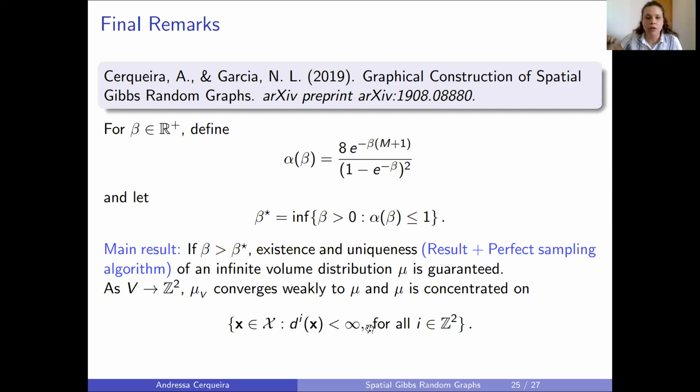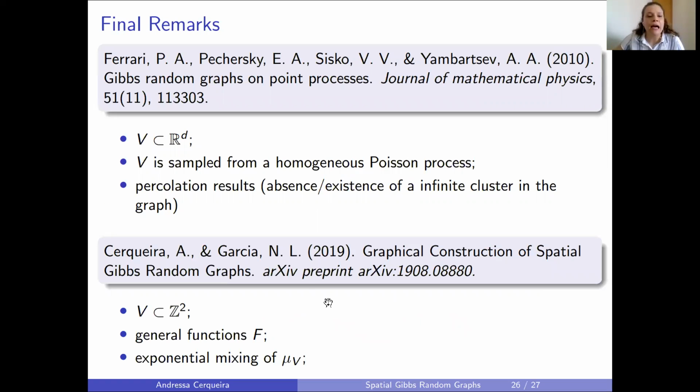All right, so just to finish, I want to add some more remarks and comments about both of the works that I presented today, because I only took a small piece of these works to present here. Actually, in this work from Pablo Ferrari and Anatoly, V is more general than in my case, because V is contained in R^d.